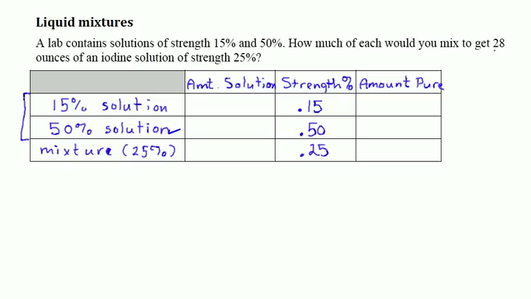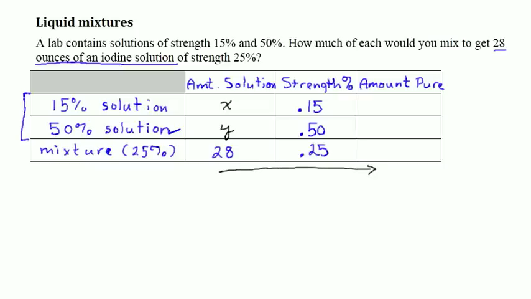I also know that we want 28 ounces of solution of strength 25%, which is my mixture. So that's the amount of solution, 28. And I'm asked how much of each would you mix, and therefore again I want my variables x and y to be the amount of each of the components.